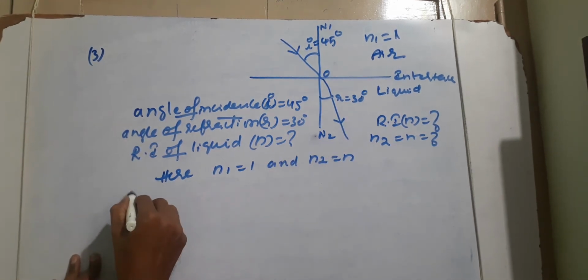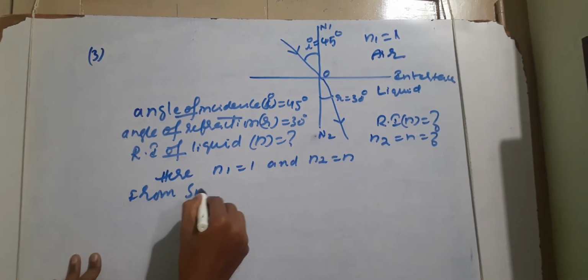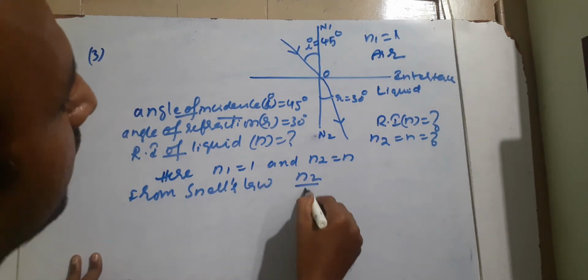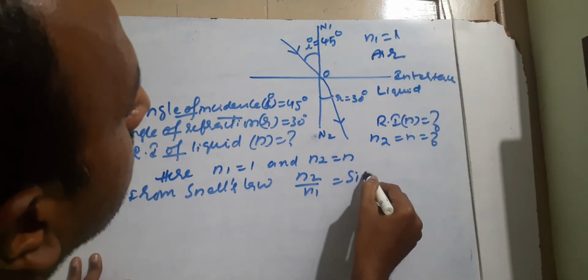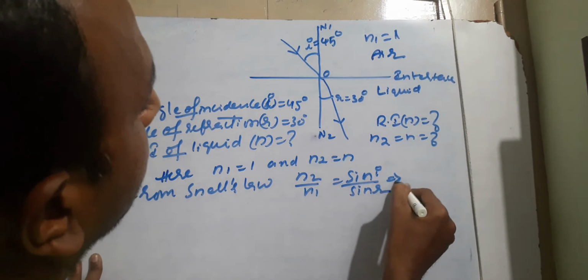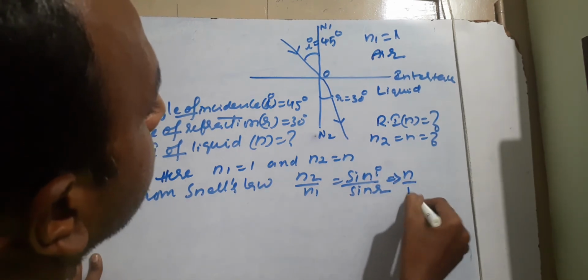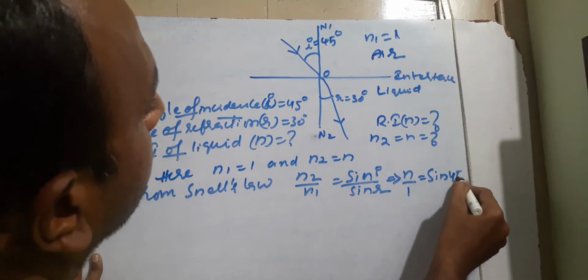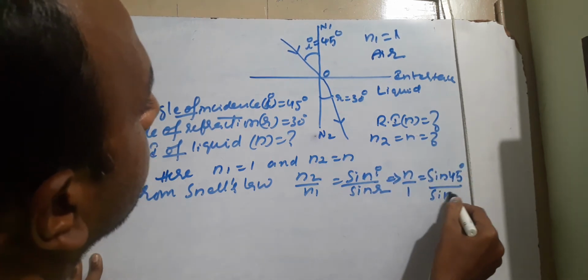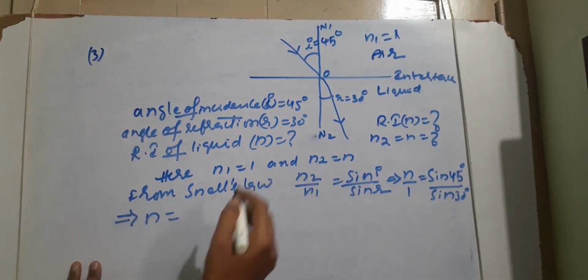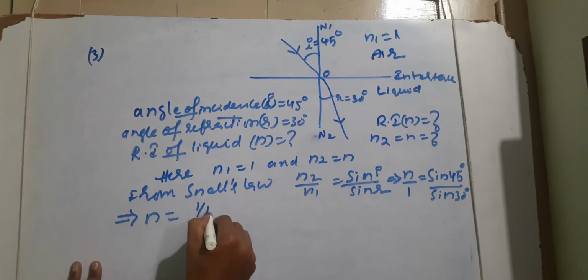So from Snell's law, we know that n2 by n1 is equal to sin I by sin R, students. So this implies n2 means n, n1 means 1, sin I means sin 45 degrees, and this is sin 30 degrees.